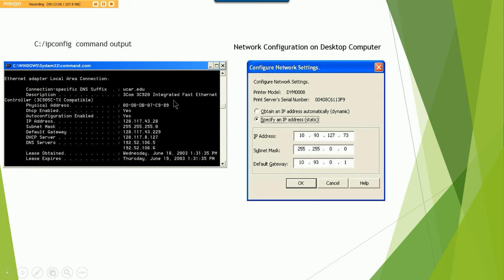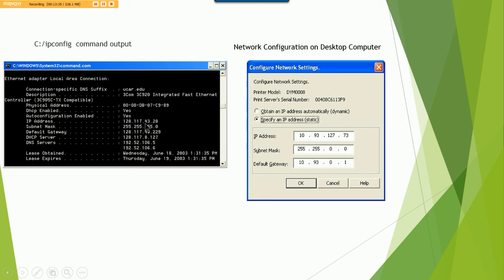In this slide, we are looking at the display of what you would see when you're looking at the IP address configuration on your computer. This first slide here is what we get when we type in ipconfig at the command prompt. You will see here the IP address of this computer is 128.117.43.28.